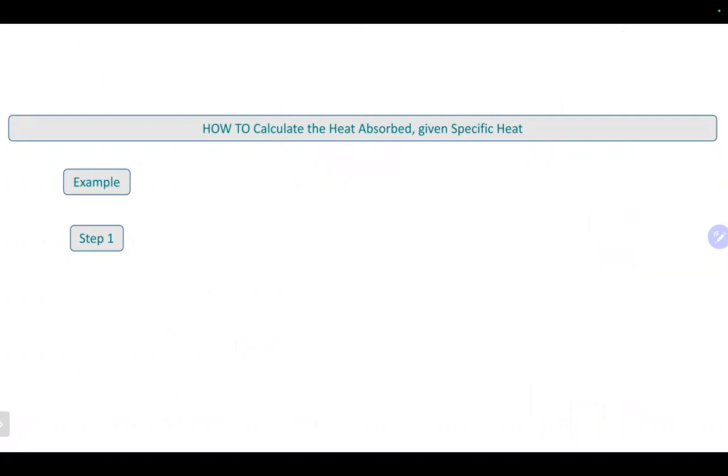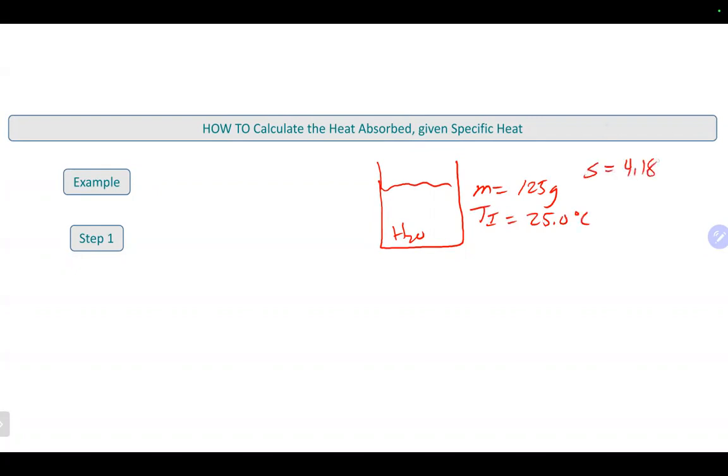We can also use specific heat in a simple process of, if we had some water, and let's just say we had about 125 grams of water in this example. Let's say initially our water here was at like 25 degrees Celsius. Obviously, we have the specific heat of water.